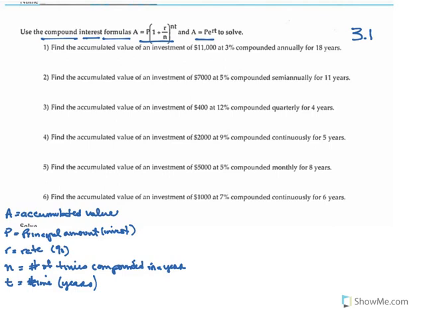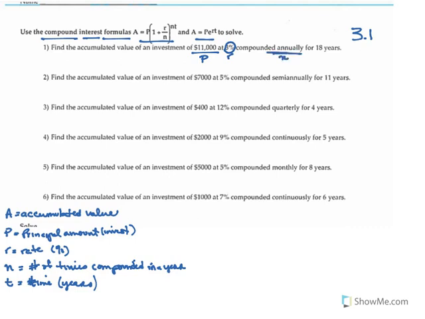So on this first problem, I hope you can see it, but if you can't, I am going to read it to you. Find the accumulated value of an investment of $11,000. So $11,000 is my investment, that's my P, at 3%. The percentage is the R, the rate, compounded annually.